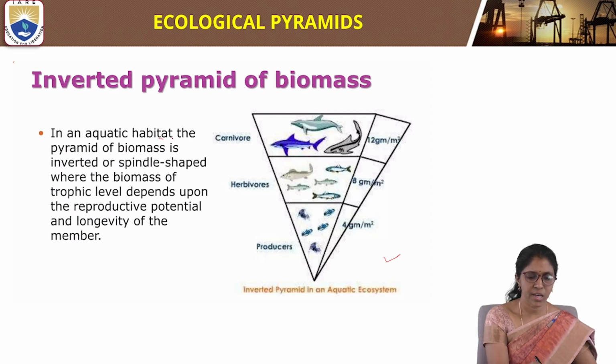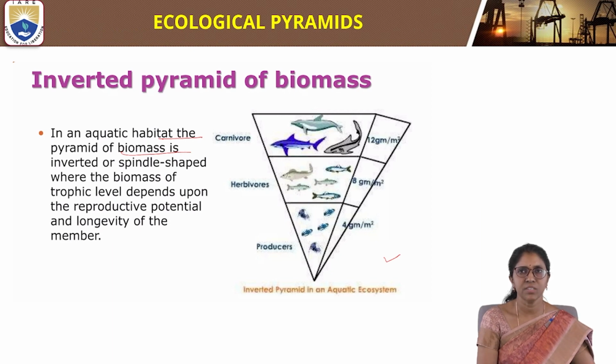In an aquatic habitat, the pyramid of biomass is inverted or spindle shaped, where the biomass of a trophic level depends upon the reproductive potential and longevity of the members.